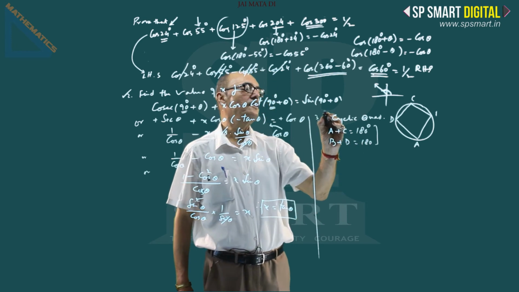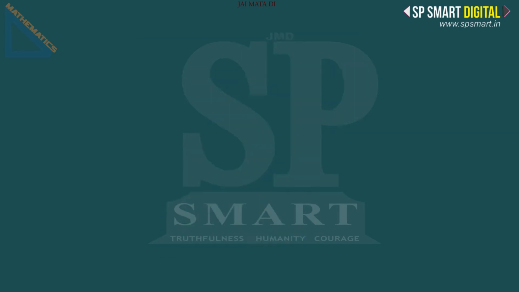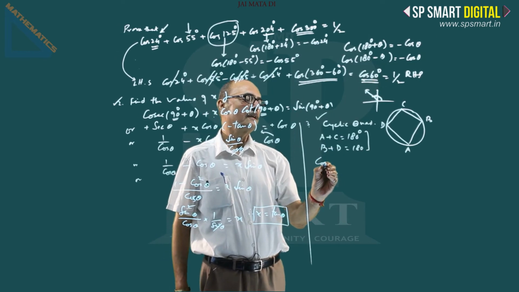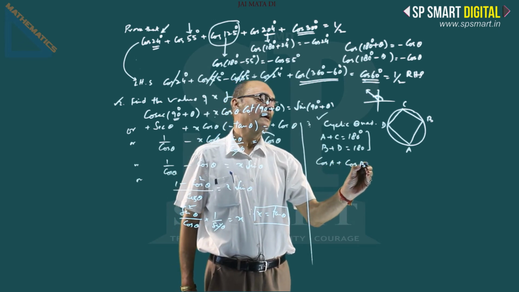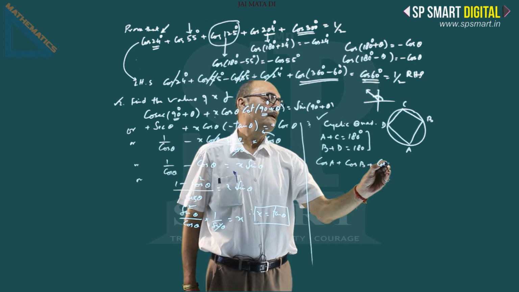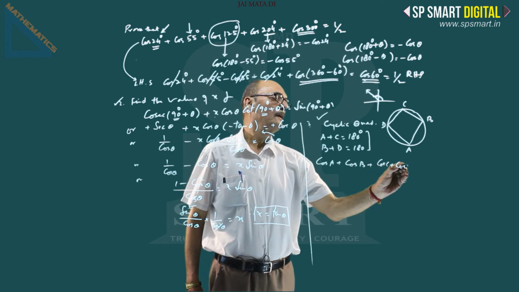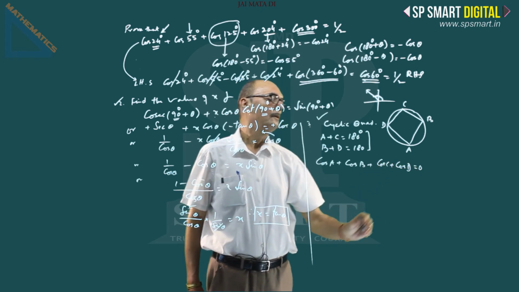This is a relation in a cyclic quadrilateral. We need to prove that cos A plus cos B plus cos C plus cos D equals 0.